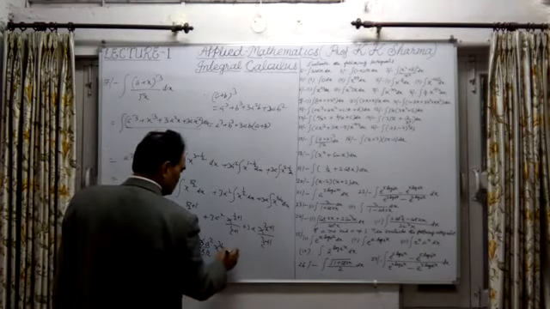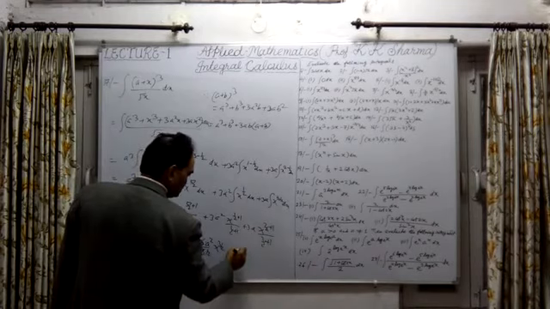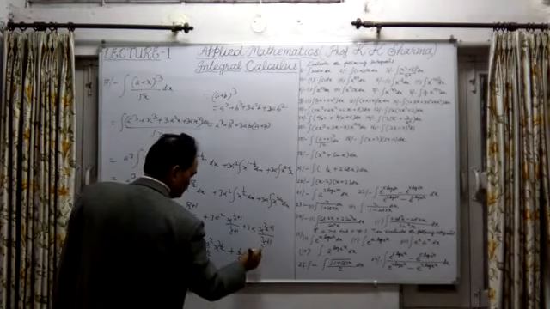So this is plus 5 by 2 here. 2 will come in the numerator, so it will be 6 by 2 into 3, then 6 by 5a x over 5 by 2.